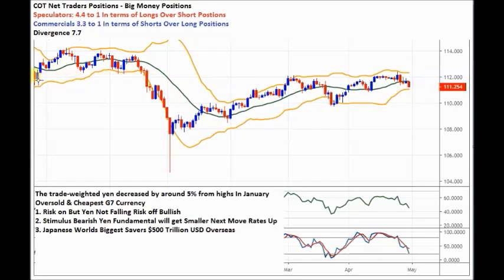Now, in terms of really key big levels, it's this level here in dollar yen. If I can get my line straight. Sorry, my mouse won't work. There, 112. In terms of this level, the commercials have basically defended it on the chart here.